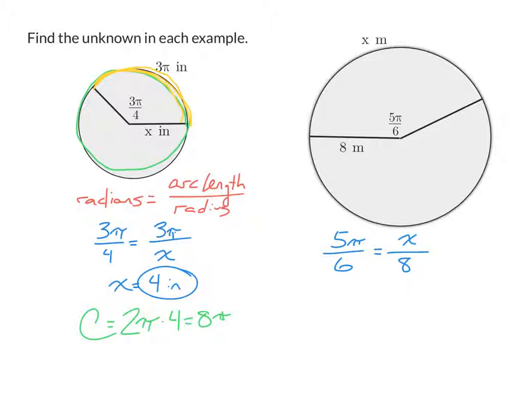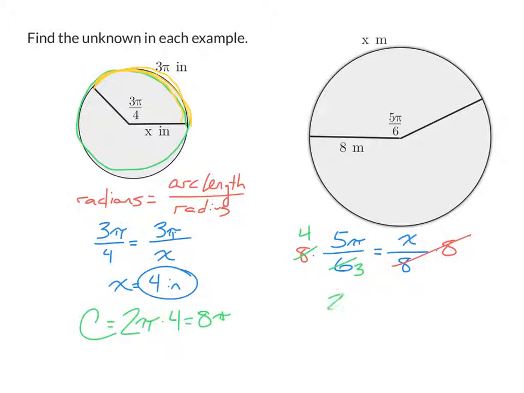So in order to figure out x, what my arc length would be, to get x alone, we will simply multiply both sides by 8 to undo the divide by 8 that's happening there. So we have 5 pi times 8 and then divide by 6. Before we do that, we can start to cross cancel. Between the 8 and the 6, I can take a 2 out, so I'll be left with a 4 and a 3 here.